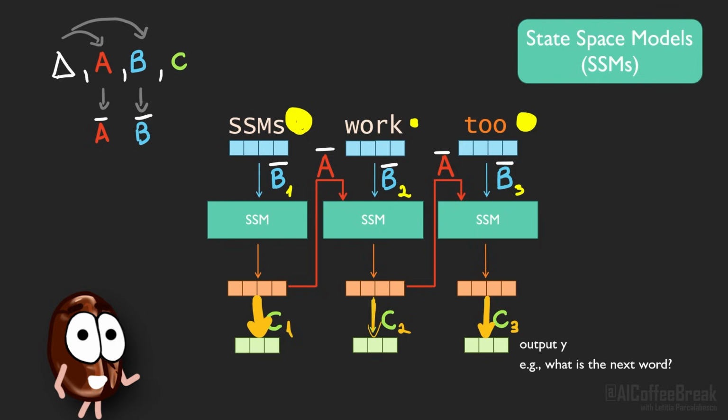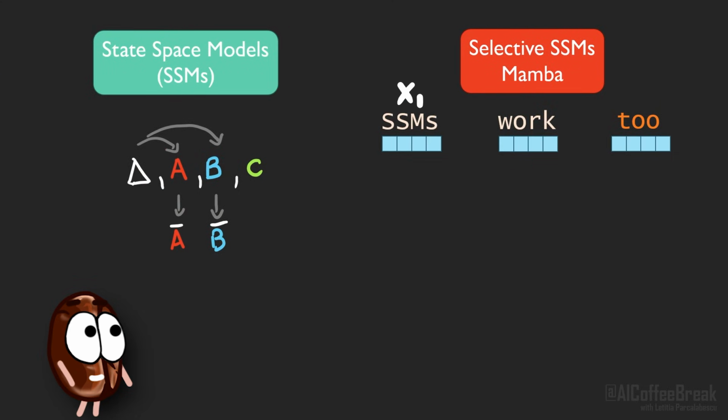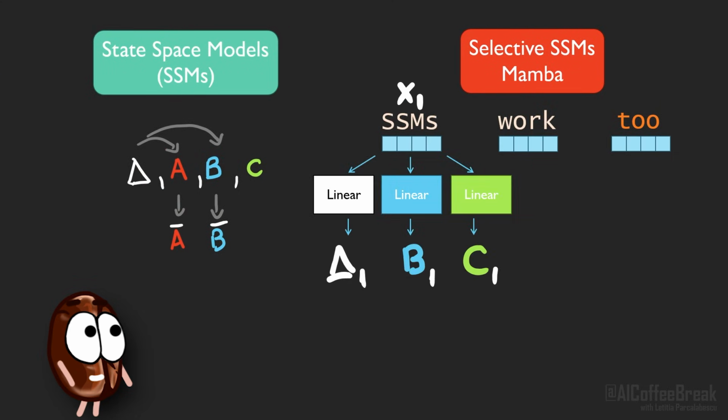Therefore, delta, B, and C should depend on the embedding of each individual token, which is the characteristic of selective SSMs. So selective SSMs use linear layers to compute different delta, B, and C for each input token. For example, for delta, a delta-specific linear layer takes in the current input embedding and computes a delta from it.